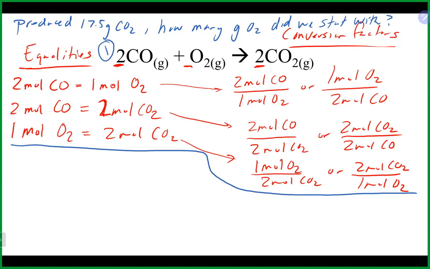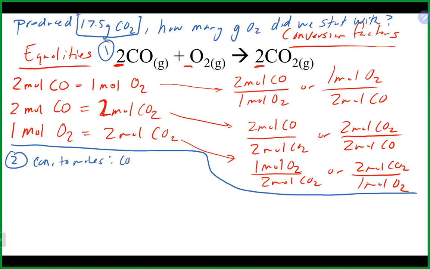The second thing that we want to do is take whatever they gave us, which in this case is the 17.5 grams of CO2, and convert it into moles, which we clearly have to do since it's in units of grams. Remember, to go from grams to moles, we need the molar mass.